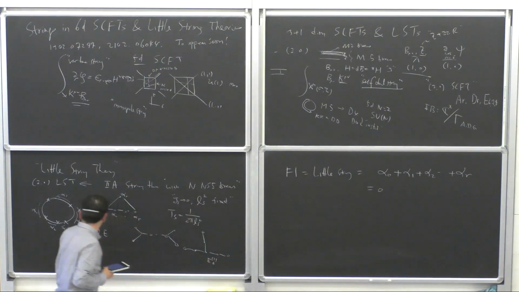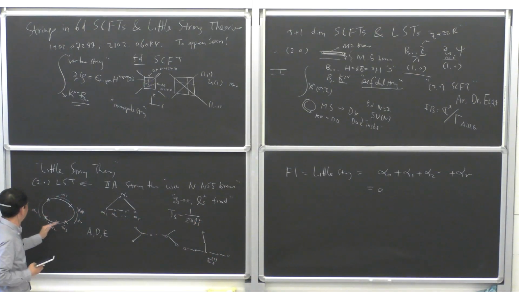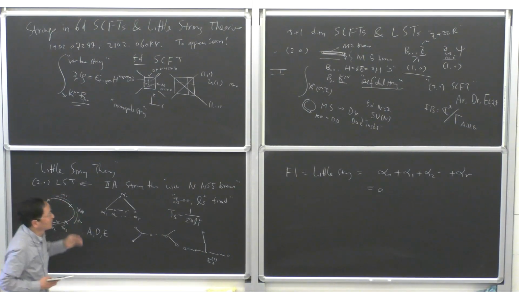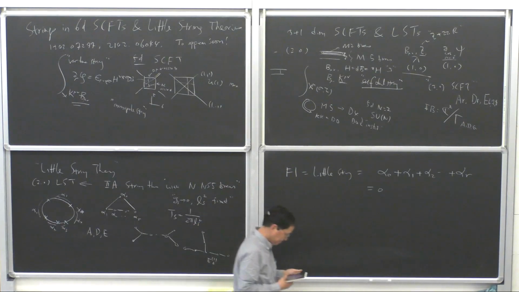So which means when I wrap this M circle with M2 brane, the charge of the two-form tensor field cancel each other. So it's charge neutral. That's what it means.